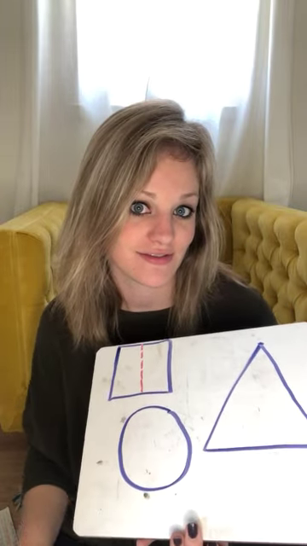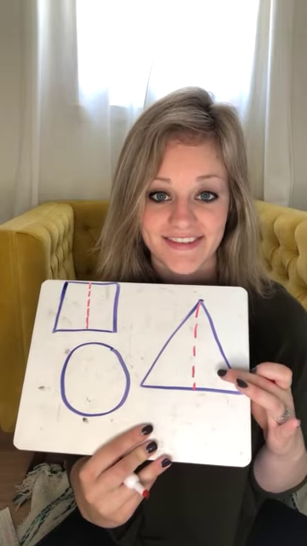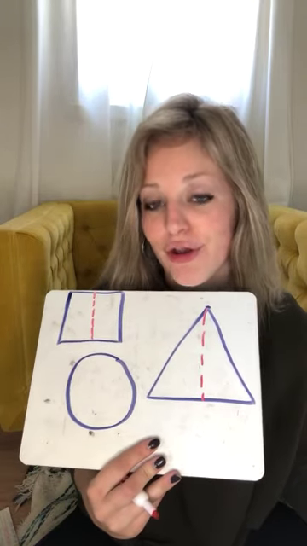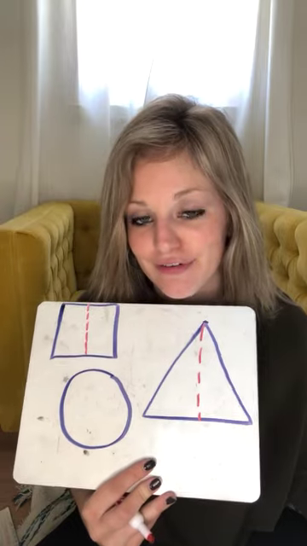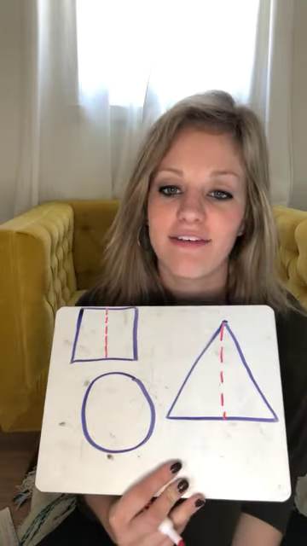So we have a rectangle, but it's just cut in half now, and now you have two rectangles, right? And then if I was to cut my triangle in half, you would have just half of a triangle, which could kind of look like a right triangle for some of you that know what that means, right? So it's just half of a triangle.